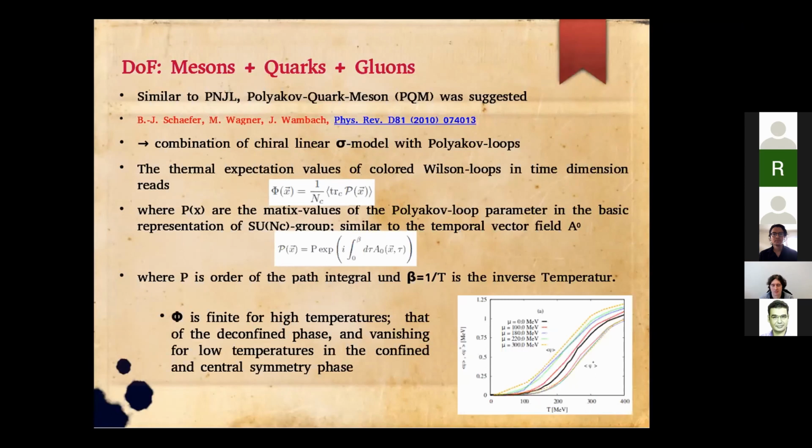And I'm showing you how phi, the Polyakov variable, changes with the temperature and also with the baryon chemical potential. You can see how sensitive this phi is to the different chemical potentials, and also how it changes with the temperature.